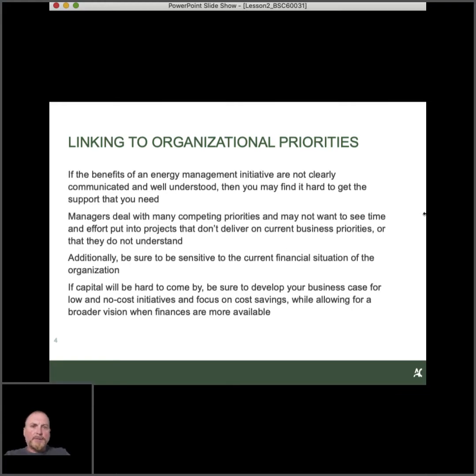Now, linking to organizational priorities is a vital aspect of every business case. If the benefits of the business case are not clear to senior managers on how that business case is going to help the organization achieve its organizational objectives, then the likelihood that you're going to receive any additional funding or support within the organization for that is greatly decreased. Managers are always dealing with competing resources. It doesn't matter how wealthy an organization is.